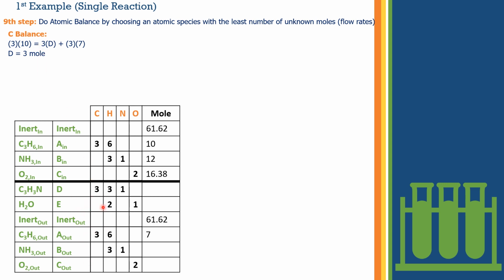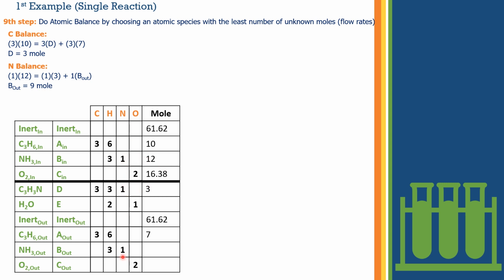So equal, 3 multiplied by the unknown D, plus 3 multiplied by 7, and it is easy. A linear equation with one unknown can be solved easily. Okay, now we plug in 3 for D.